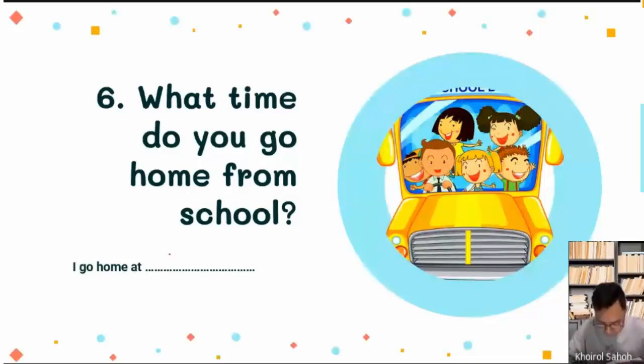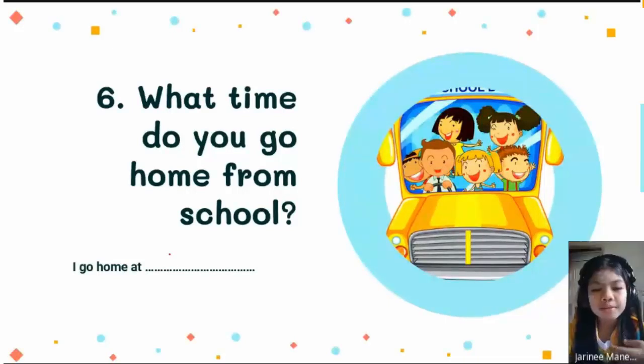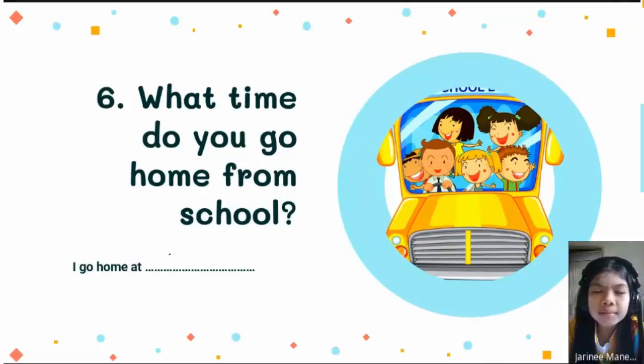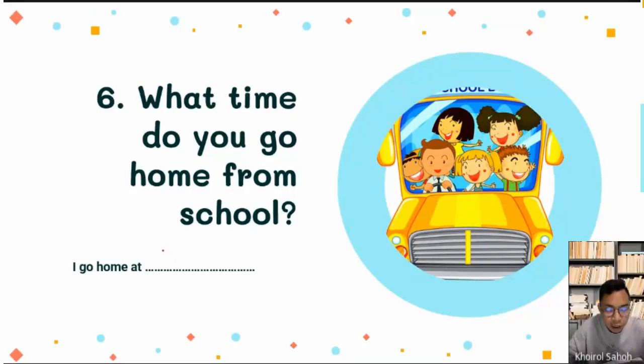What is your number? 5. Okay, 5. What time do you always go home from school? I go home at 5:30. Okay, 5:30. Okay.